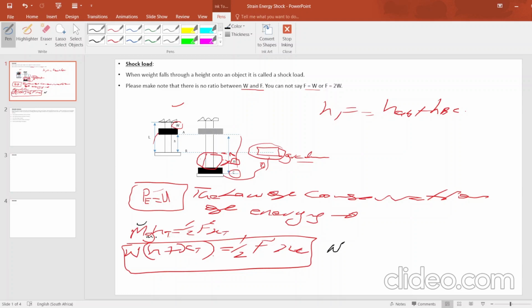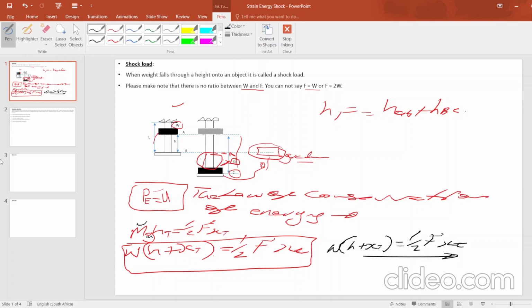Hence we have mg multiplied by height, open bracket, height plus xt, close bracket, equals 1 over 2 F xt.